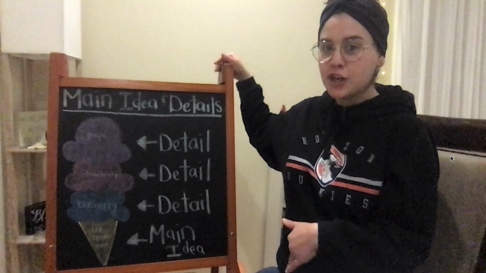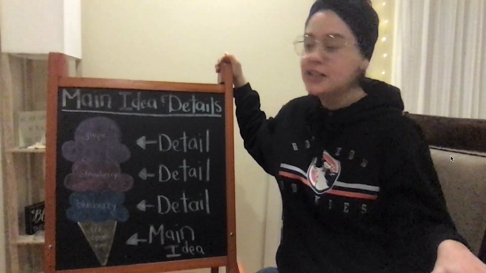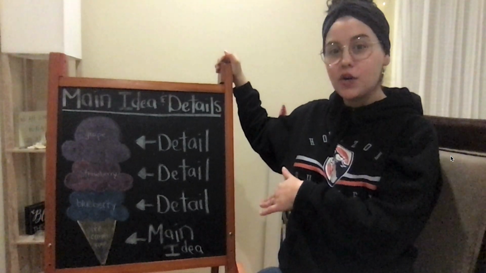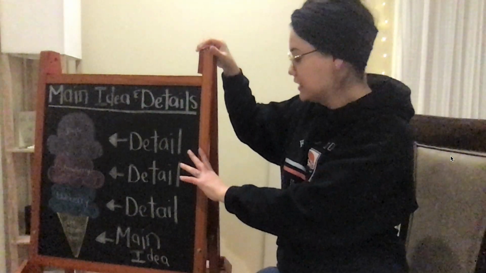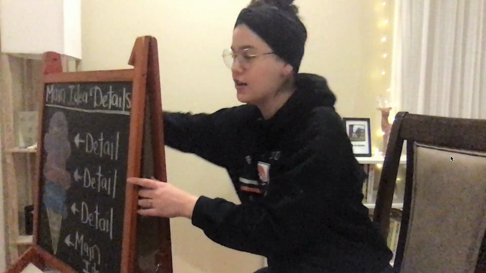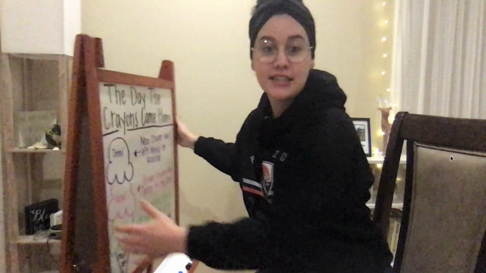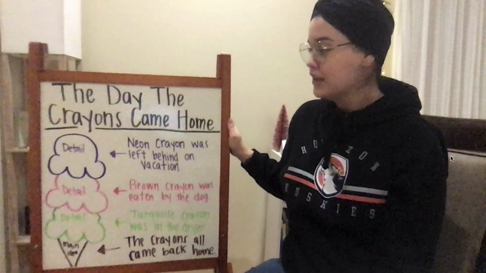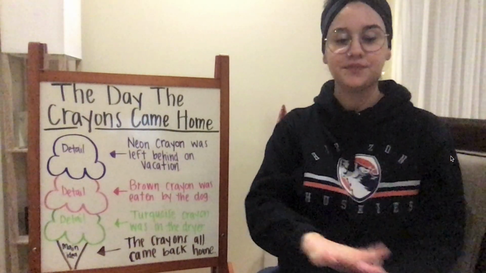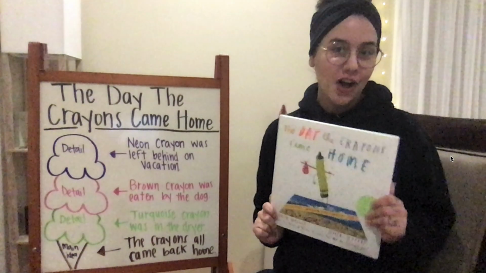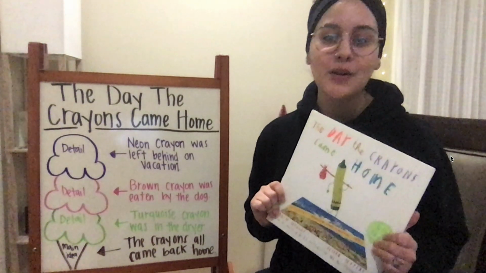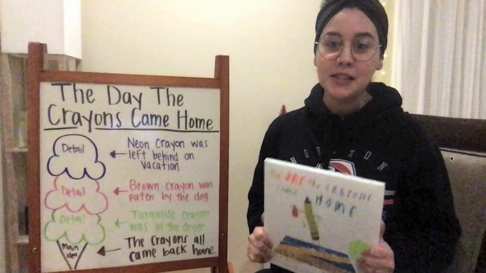If I flip this chart over, I'm going to show you an example. So I'm going to flip my chart over, my bulletin board and my chalkboard over, and I'm going to show you another example of main idea. So here I have a book that we've already read. That's one of my favorite books that we've read all school year.